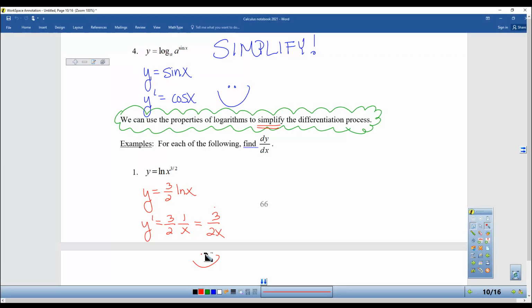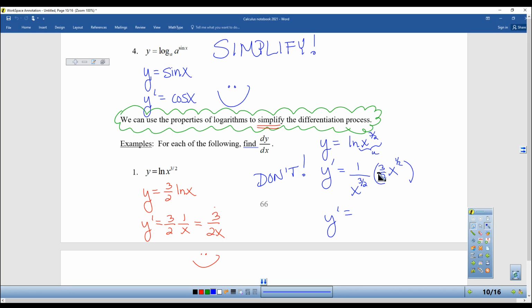How awesome is that? Now, I have to take just a minute and show you how terrible this problem would be if you forgot. So if you're being miserable, this could be why. If you did the derivative right away, where y was equal to ln of x to the 3/2, and this was your u, you would have to do 1 over x to the 3/2 times the derivative of u, which is 3/2 x to the 3/2 minus 1 is 1/2.